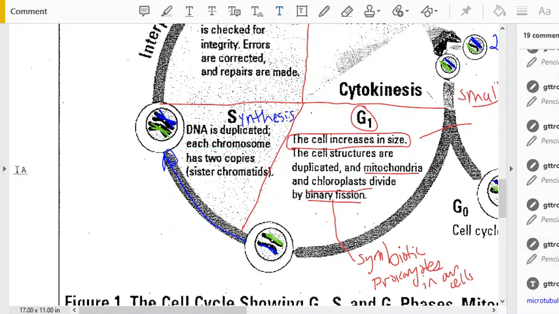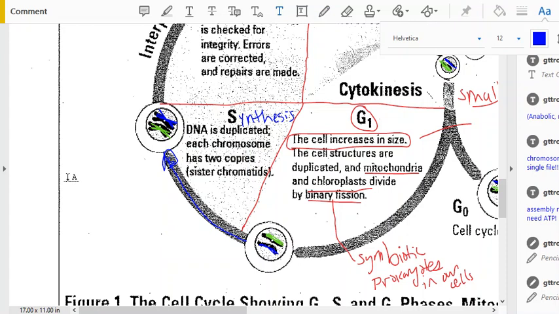Let's, on the side, make a little note. We'll say that you still have 2 chromosomes, 2n equals 2. That's our formula. So twice the amount of DNA, right?